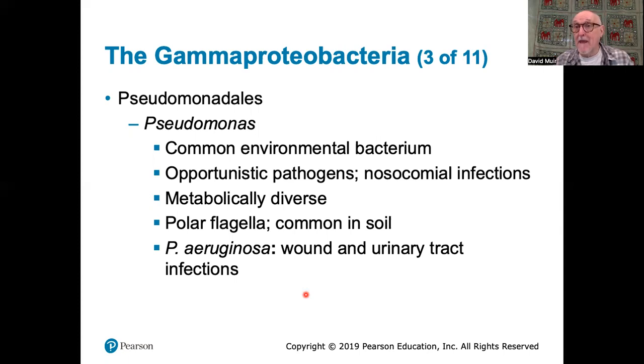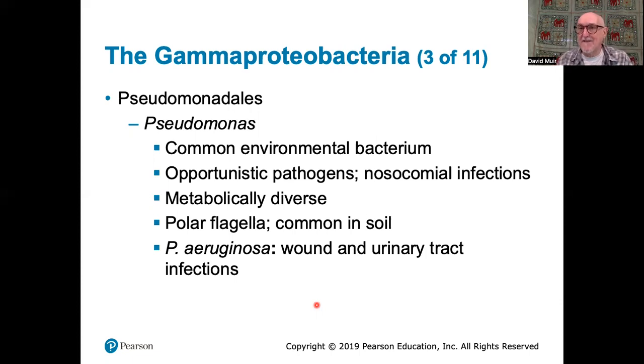So it can produce nitrogen gas and utilize all of the oxygens that were present on the nitrate as terminal electron acceptors, so that it can continue cellular respiration under anaerobic conditions. Another species, Pseudomonas aeruginosa, also a very common environmental bacterium, is known for infecting wounds, and especially for setting up urinary tract infections.